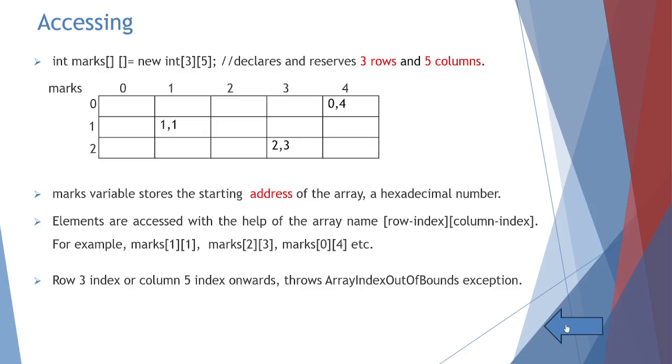Example is marks[1][1] means second row second column, and then marks[2][3], that means third row, fourth column, and marks[0][4] is first row, that is fifth column according to human beings. Now, from row index 3 or column index 5 onwards, an array index out of bounds exception will be thrown.